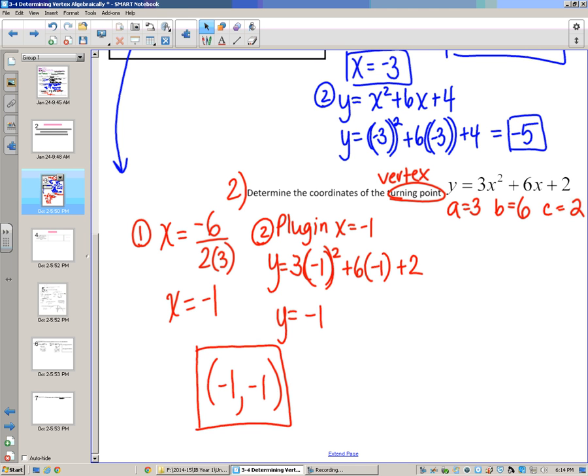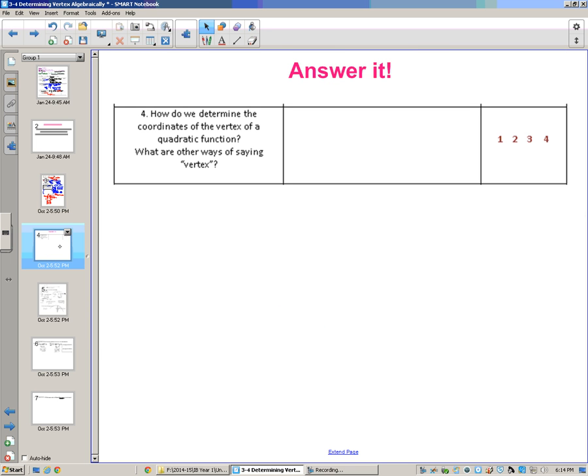Okay, so at this point you should be able to answer your learning goal number 4, how do we determine the coordinates of the vertex? And you should be able to, on your learning goal sheet, say, okay, first determine the axis of symmetry.